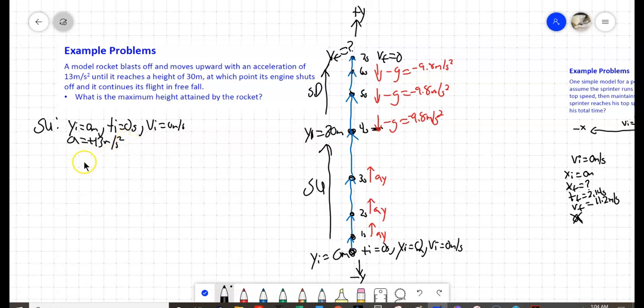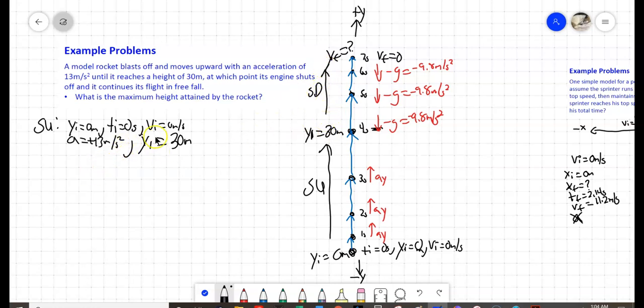Then it's going to reach a final height, y1, where it's speeding up, and it basically runs out of fuel at that point at 30 meters. The engine shuts off, and from here we're going to have a slowing down portion.